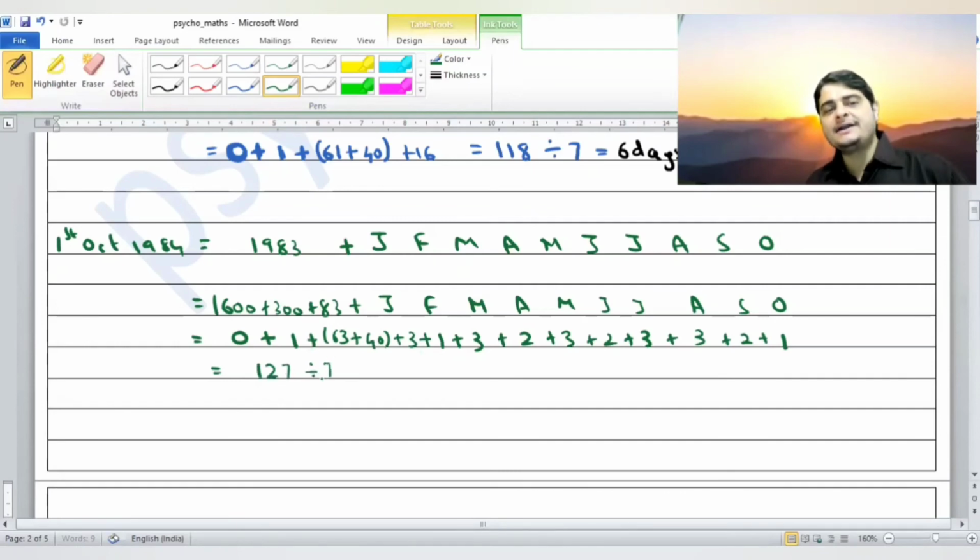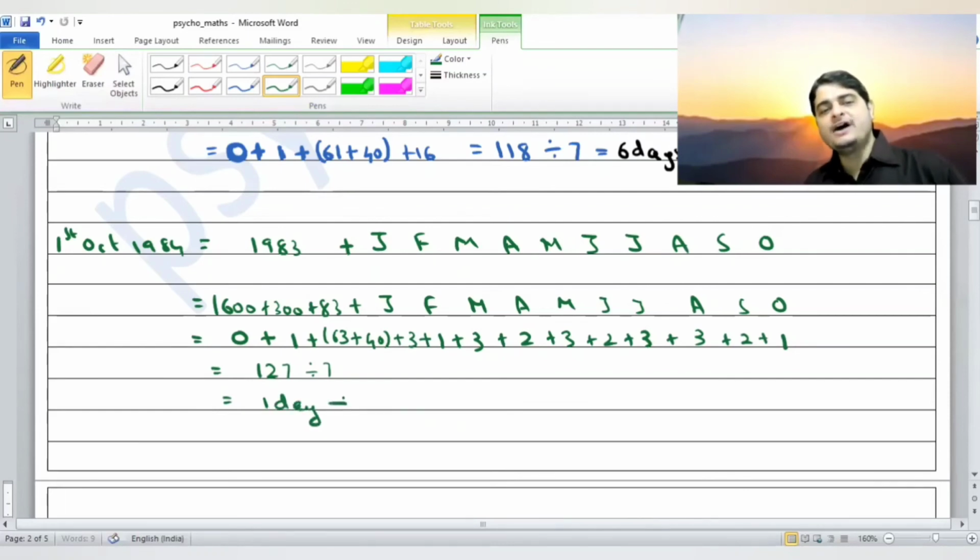Just divide it by 7. 127 divided by 7. 7 ones are 7, 57, 8 sevens are 56. So 1 day is the remainder. So 1st October 1984 was Monday.